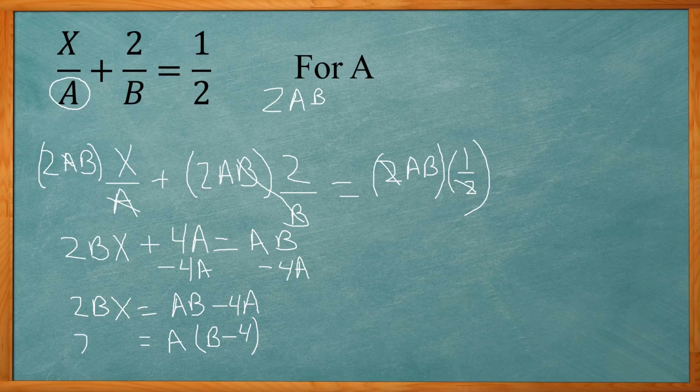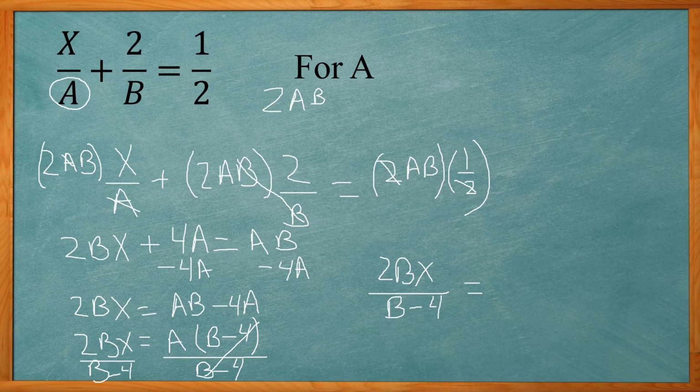And just bring down the 2bx. And then to get the a by itself, I'm going to divide by b minus 4. And cancel out there. So we have 2bx over b minus 4 is equal to a.